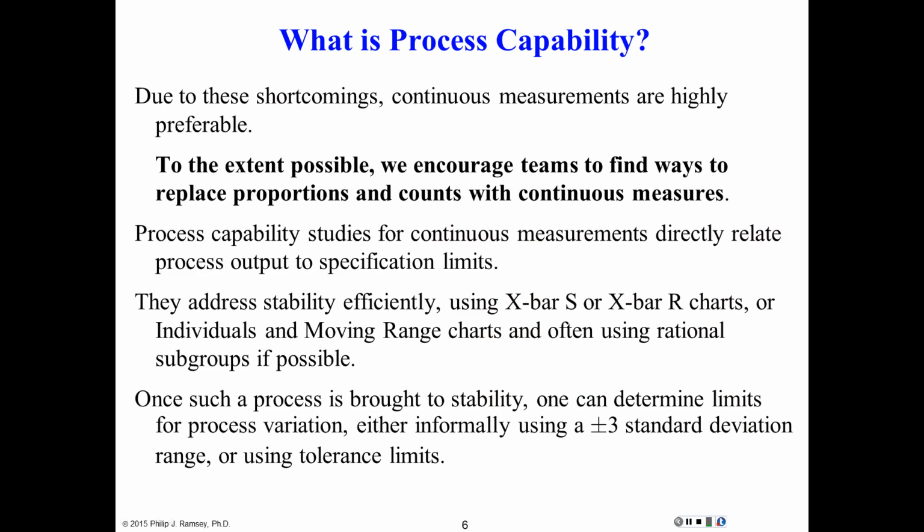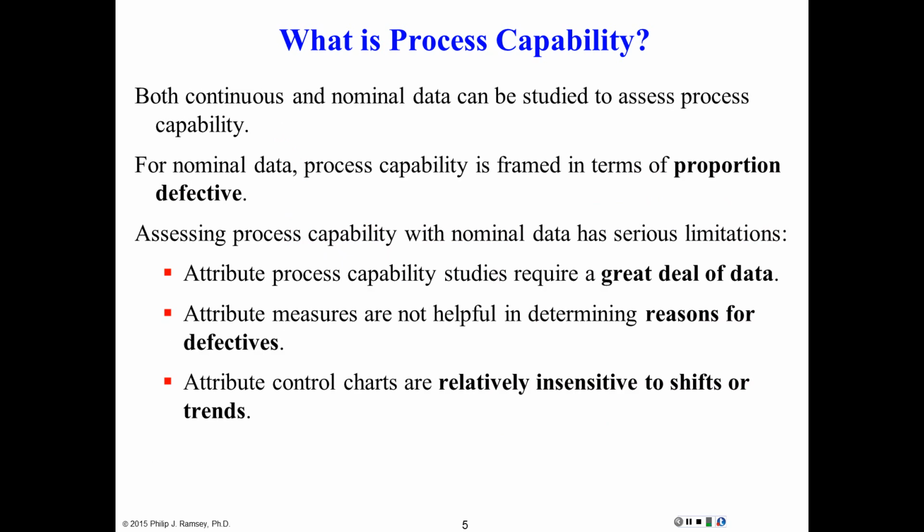Okay. Let me open up a pen option here. So basically, we're going to talk only about continuous measurements. For nominal CTQs, we typically talk in terms of proportion defective, which is often turned into a parts per million defect.